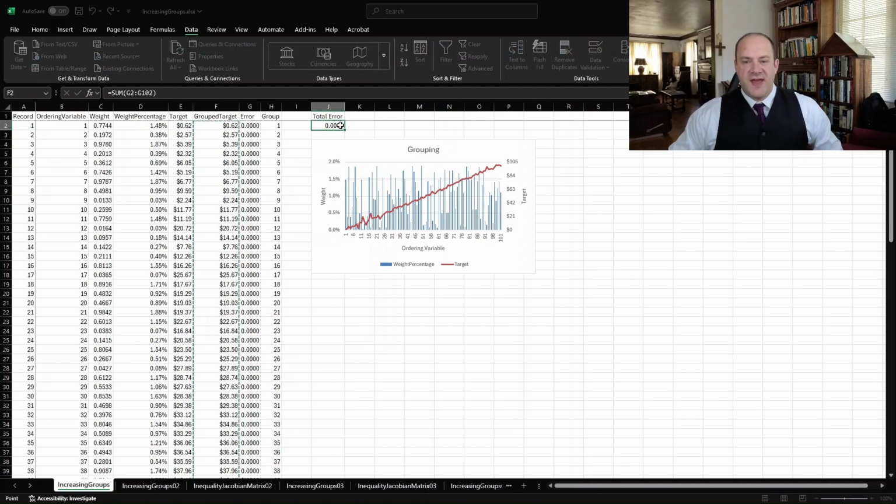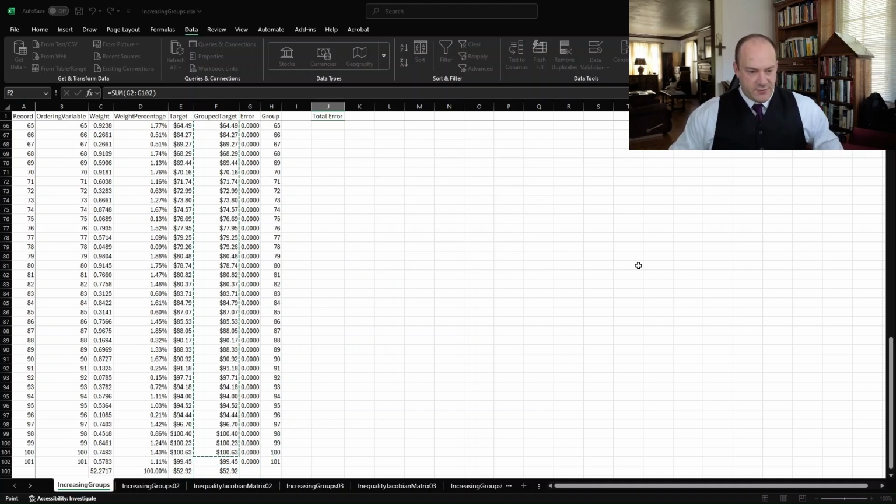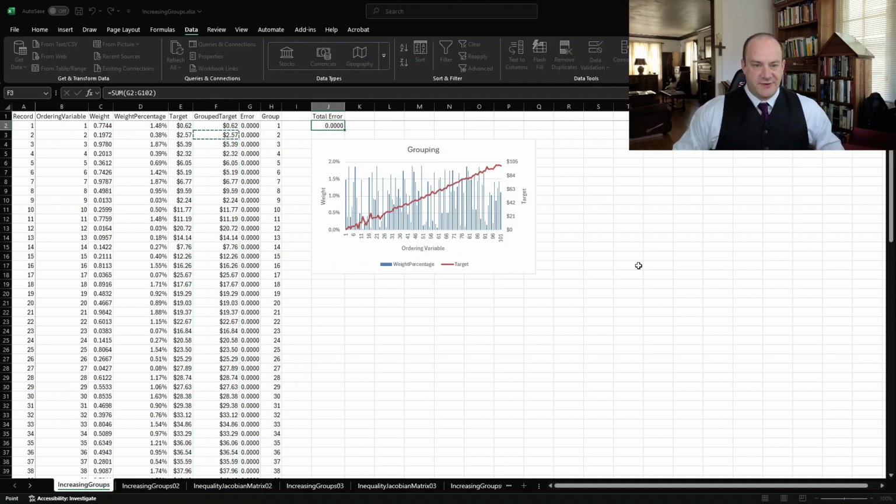We're going to do that by changing the values here in column F. And then we are going to consider this constraint here. The constraint is saying, I want all of these guys here to be less than or equal to these guys here.